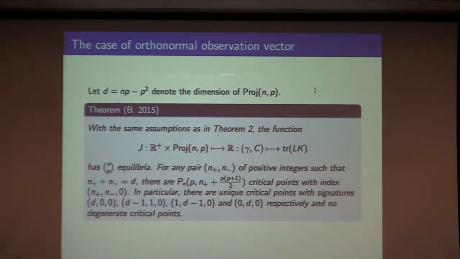It involves these combinatorial types of statements. This is the number of critical points with index n plus, n minus, and 0. In particular, all the critical points are non-degenerate. None of the critical points have a 0 eigenvalue. This means that this is indeed a Morse function. Perhaps more importantly, in terms of applications, there exists only one minimum and only one maximum. We don't care as much about the maximum, unless you want to maximize the observation error, which I think few people want to do.